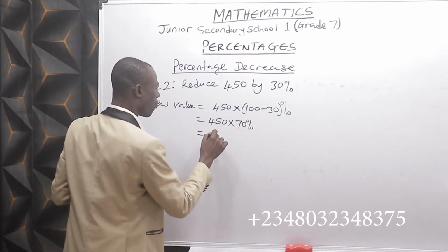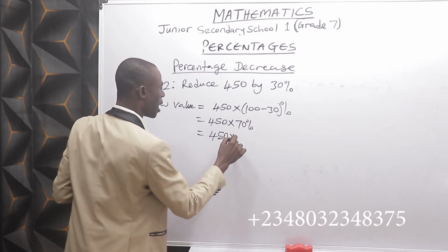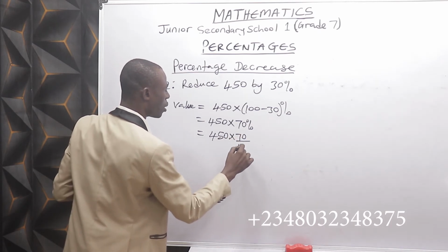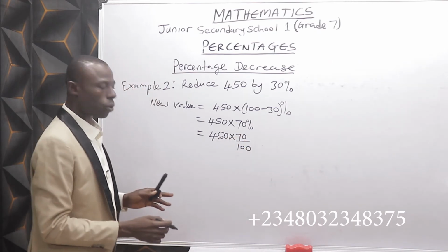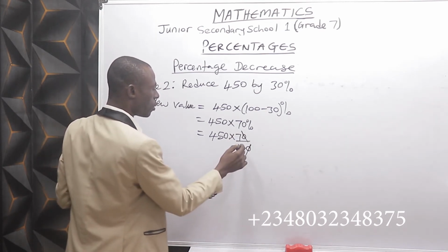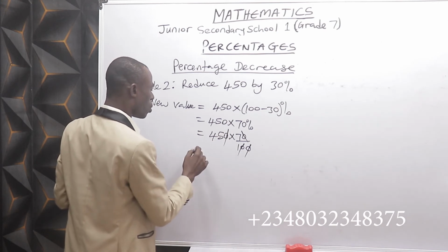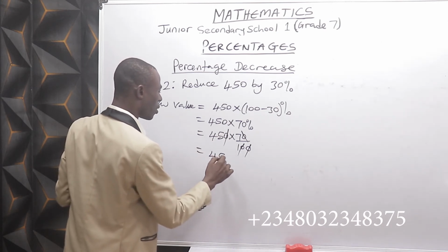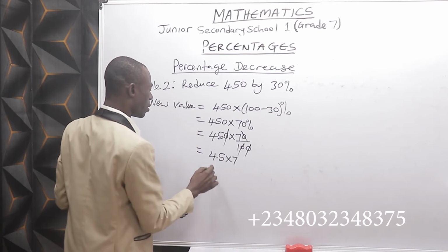So which is 450 times 70 over 100. Looking at this 0, cut this 0. This 0 takes out this 0. We have 45 times 7.